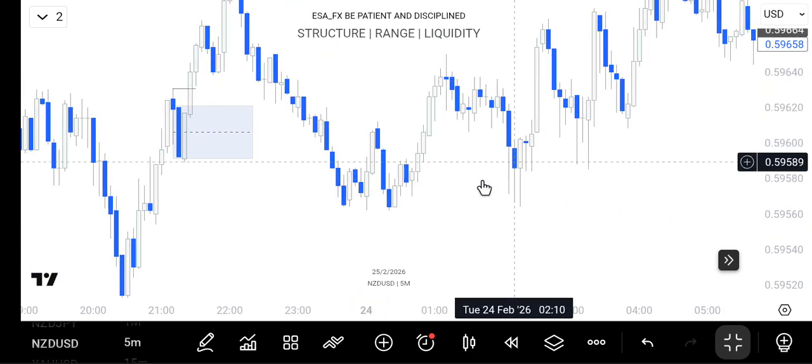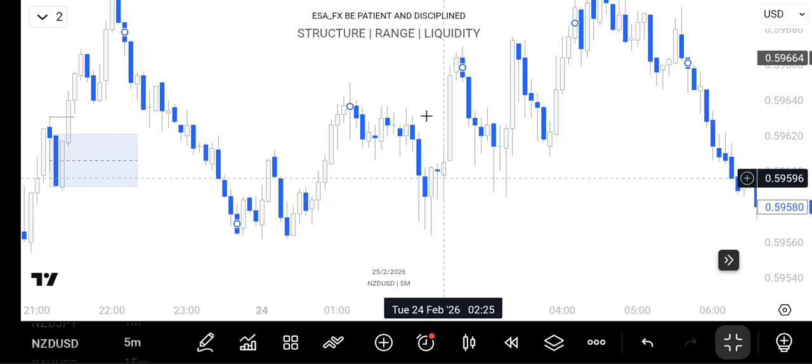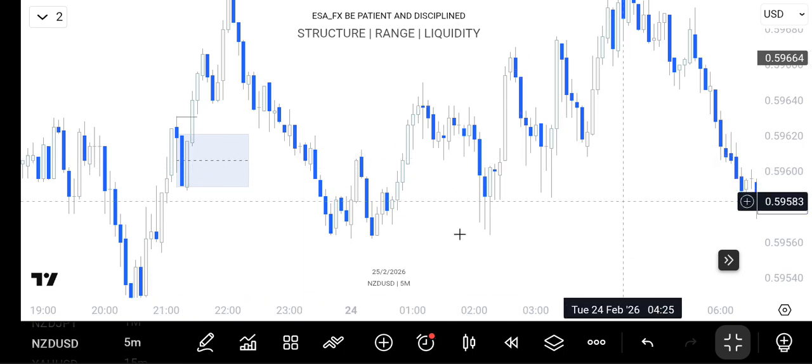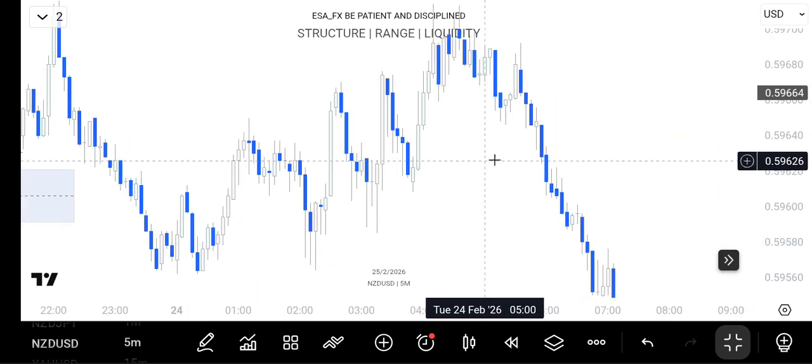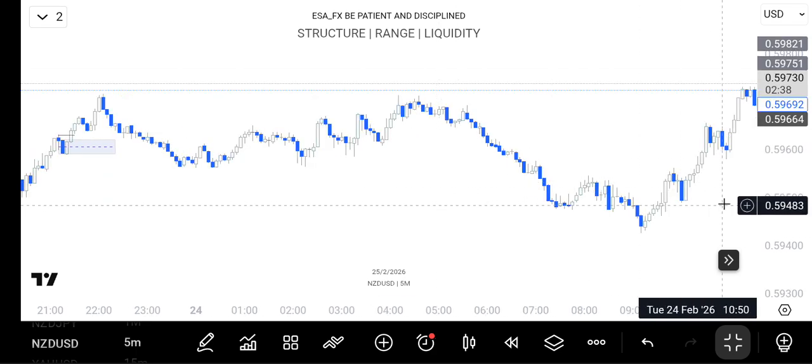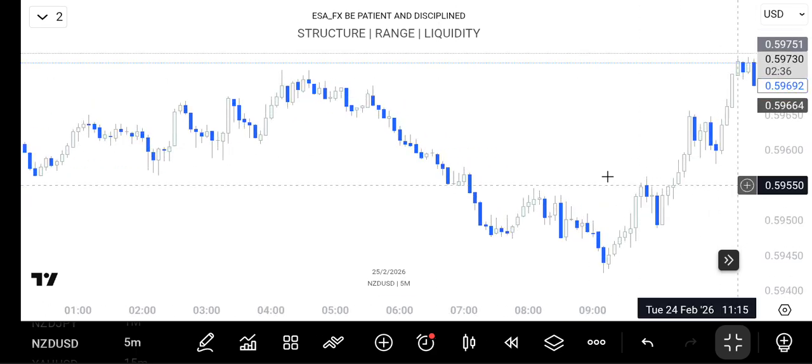I'm just showing you examples of order blocks, not how to use an order block and where valid order blocks reside in the market.